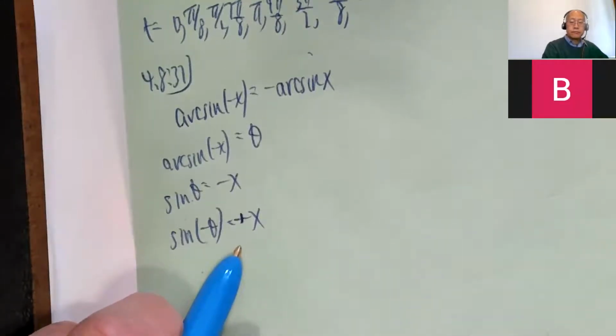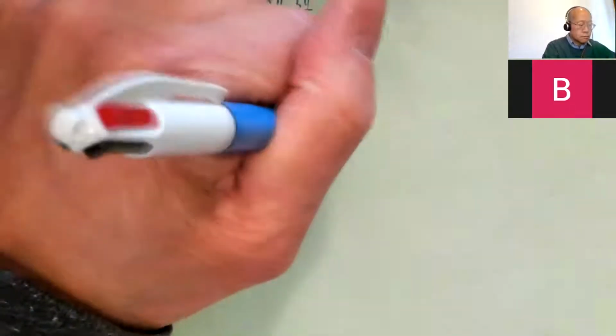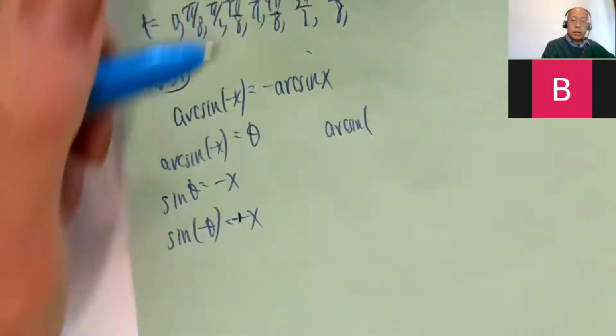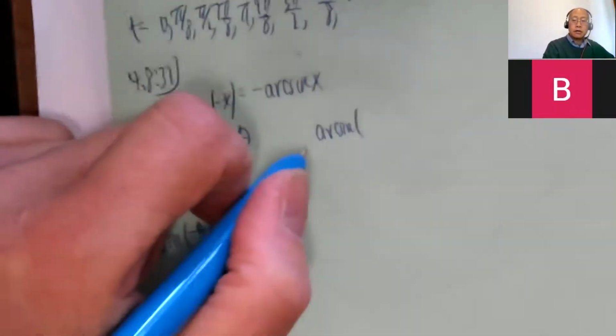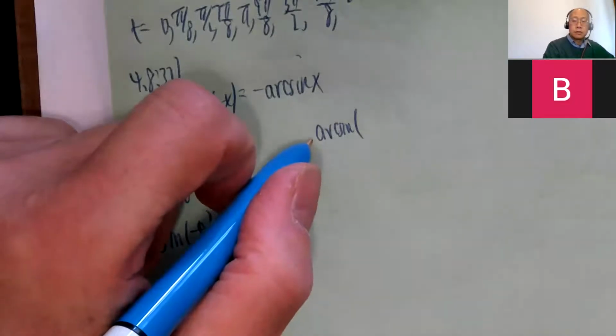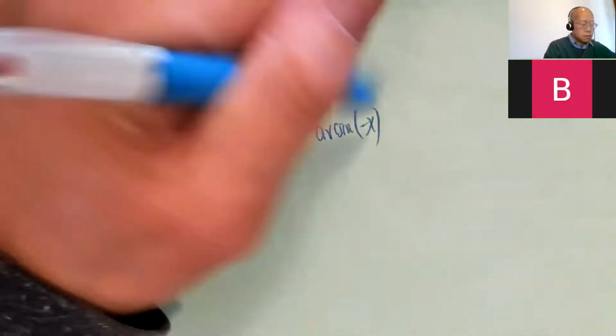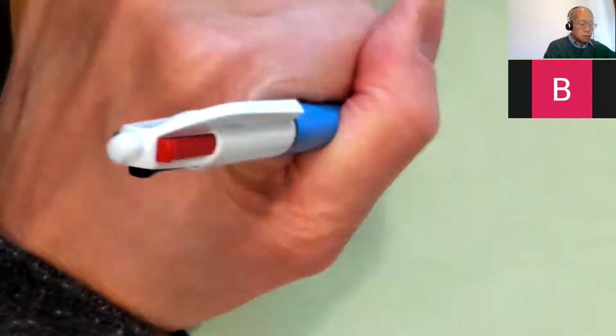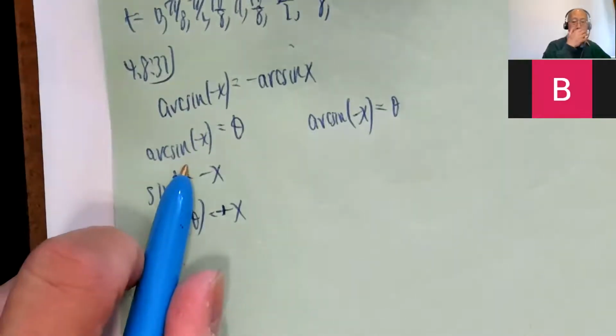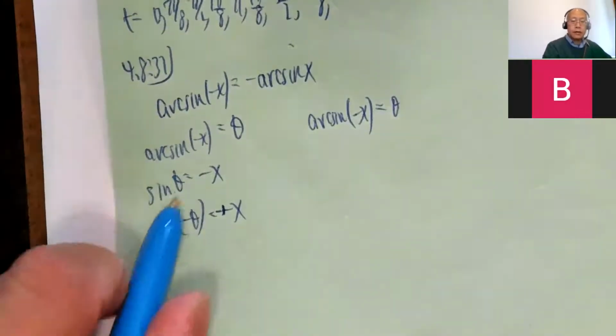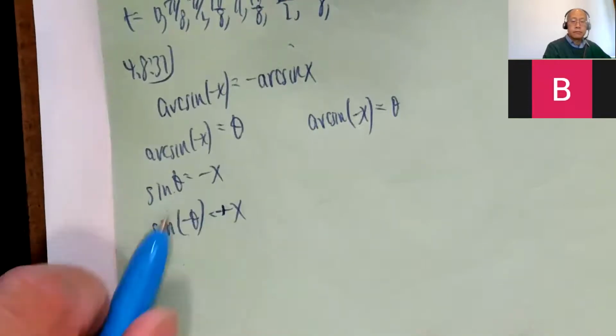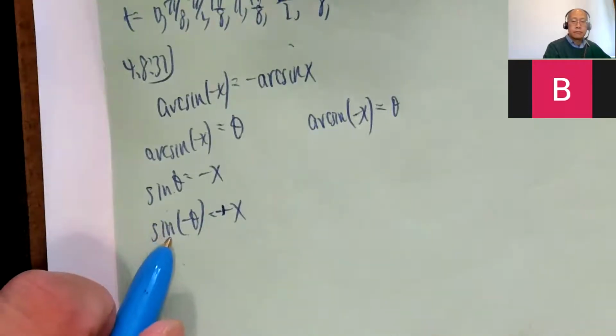My work is basically arc sine of negative x equals theta, which means sine of theta equals negative x, right? Arc sine of negative x equals theta. Yes, okay, so sine of theta equals negative x. Correct. And the part I got stuck on is negative arc sine of x equals theta. Wouldn't that equal negative sine of theta equals x?